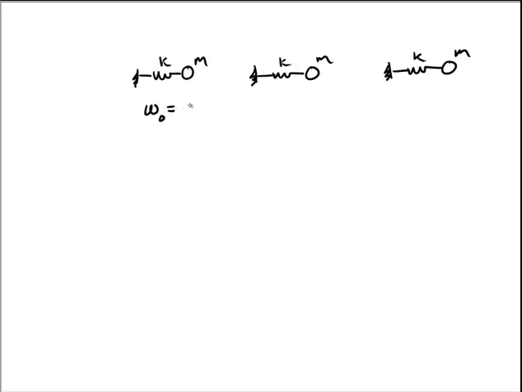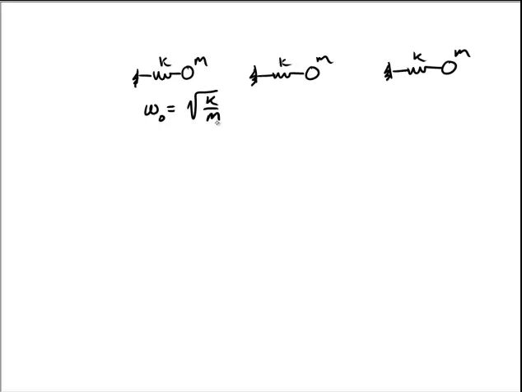So let's imagine that we just have a mass and a spring, and then another spring and a mass. These are 3 different resonators on the same chip, let's say. Each of these has a characteristic frequency, omega naught equal to the square root of k over m.